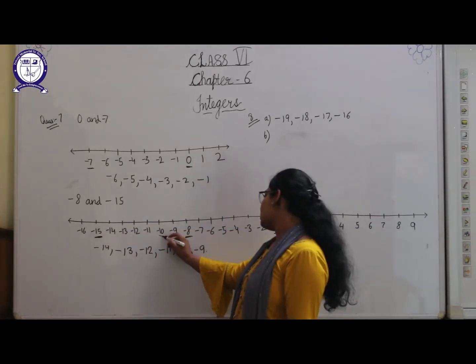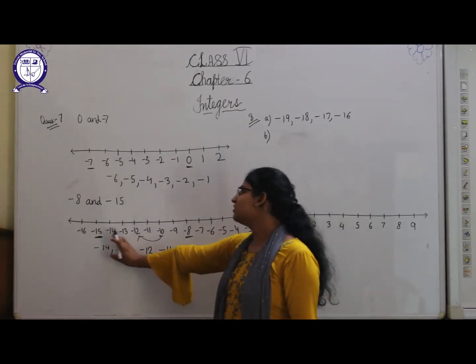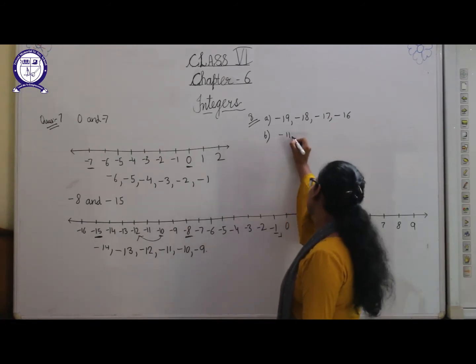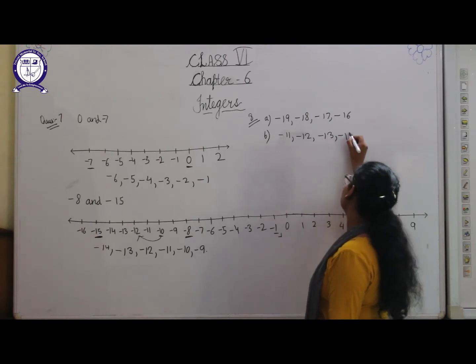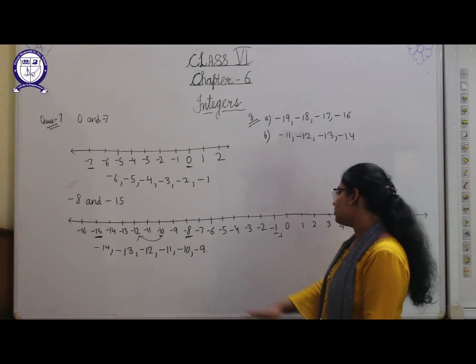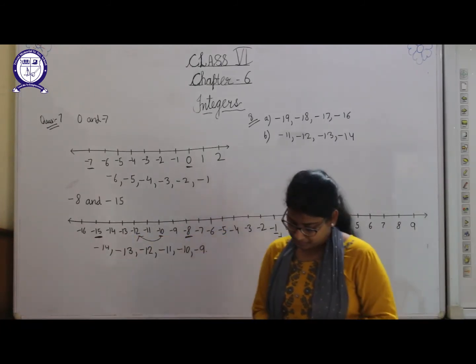Okay, so smaller of minus 10 will be on that side. So we can write any of the integers from these. So what we will write? We will write minus 11, minus 12, minus 13 and minus 14. These are the integers less than minus 10, as we know that the value keeps on decreasing on that side.